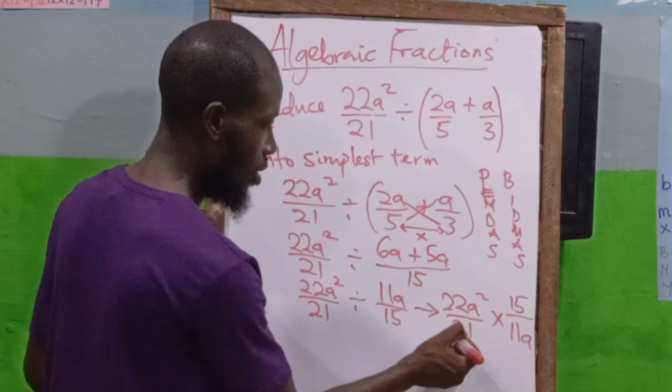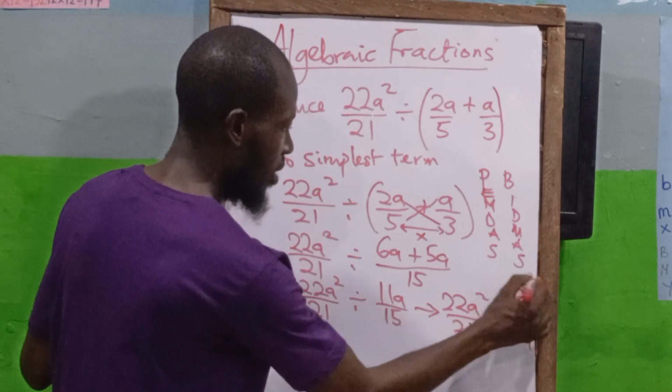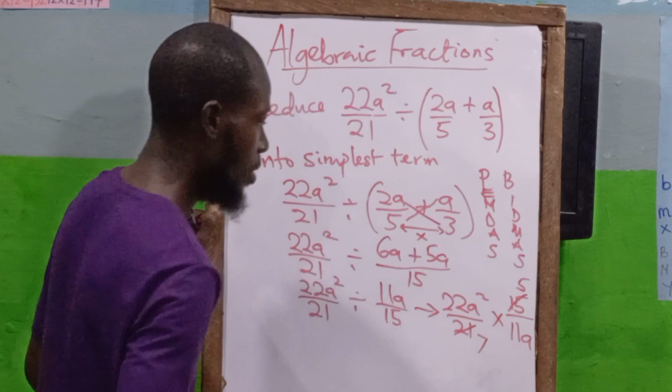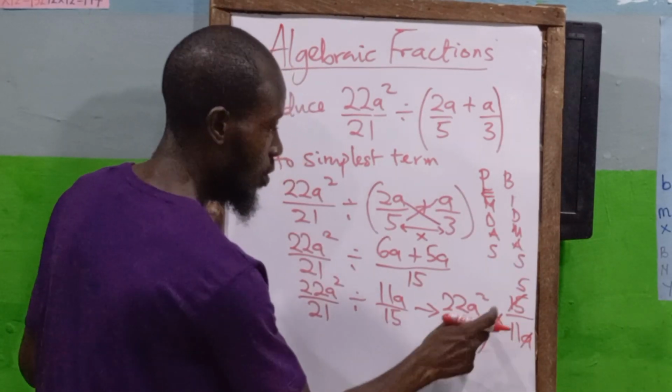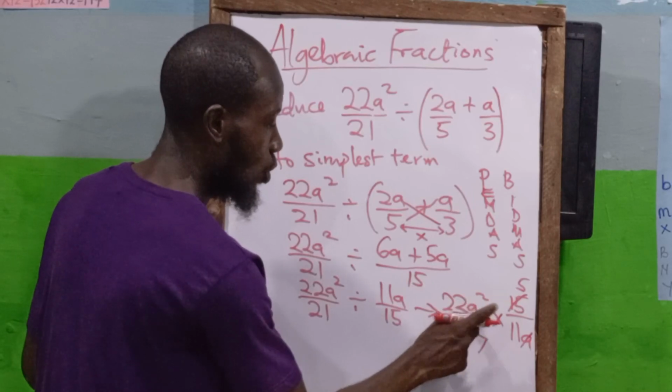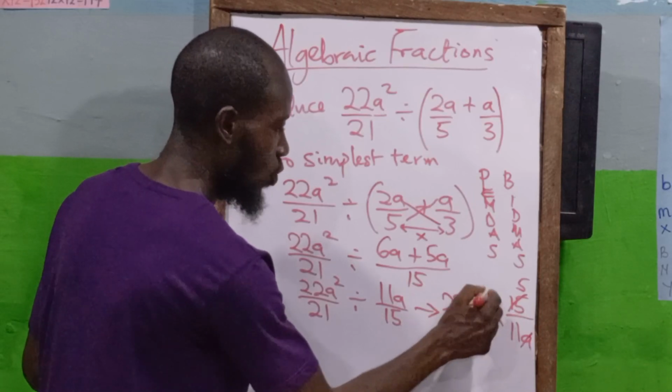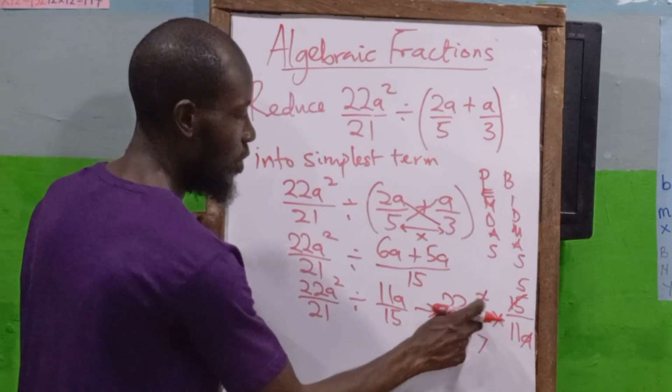Now we can simplify by cutting the common factors out. Here 3 is common: 3 into 15 gives 5, 3 into 21 gives 7. Also 11 is common, 11 into 22 gives 2, and a is also common: a times a, we cancel one, so we are left with a.